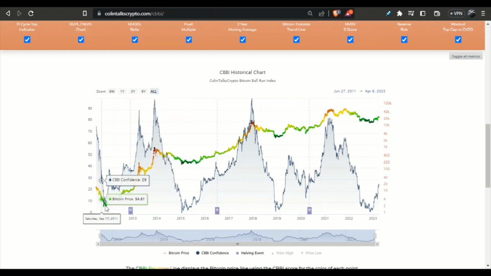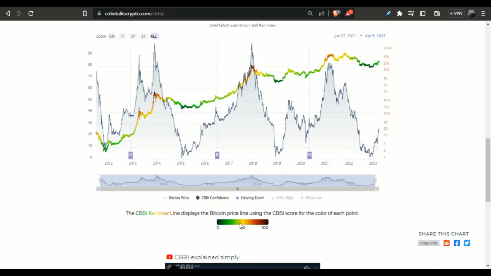The rainbow color is blue at the very depth of a bear market, or at a lowest point in a bear market, and ranges all the way to dark red at the very top of a bull market, and this is the rainbow spectrum.